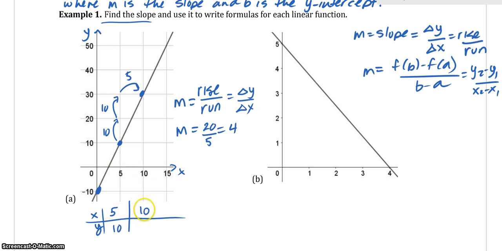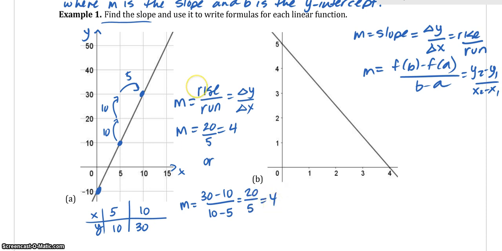And this one is when x is 10, y is 30. So I could say m is equal to the change of y's, or f of b minus f of a, 30 minus 10, all over b minus a, 10 minus 5, just like we did in the last section, which is the same thing.